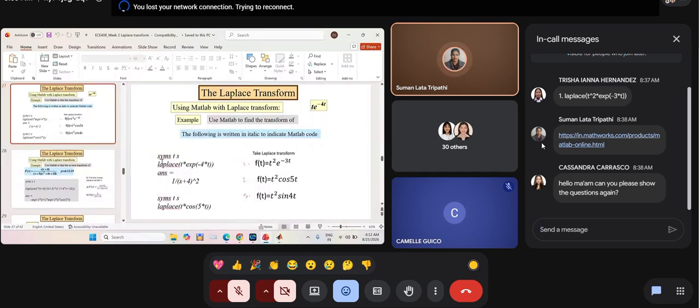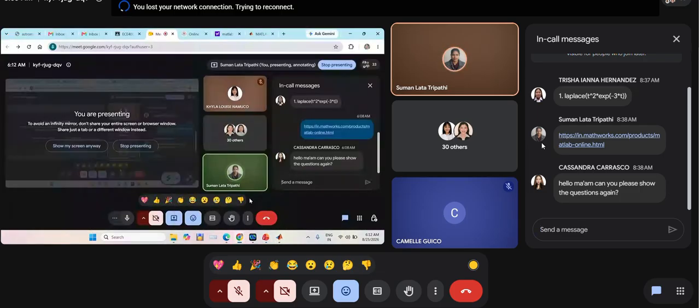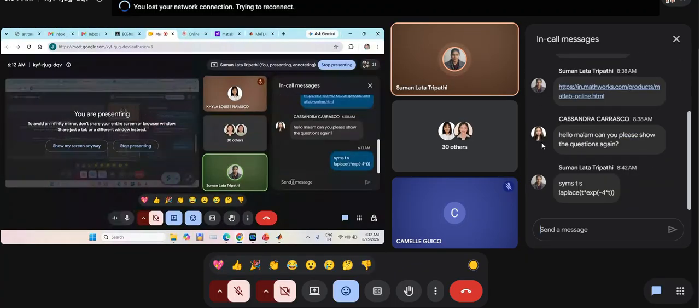You can use this example for your practice. Let me type this in your chat box so that you can use this example for your practice. And then you can try with another expression.